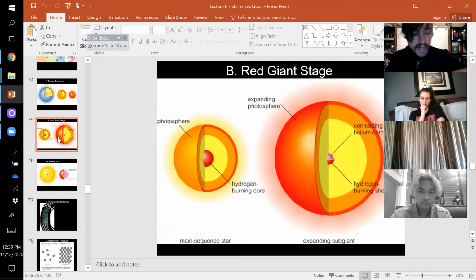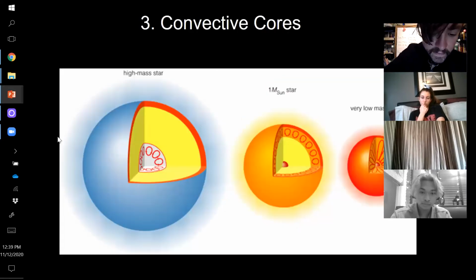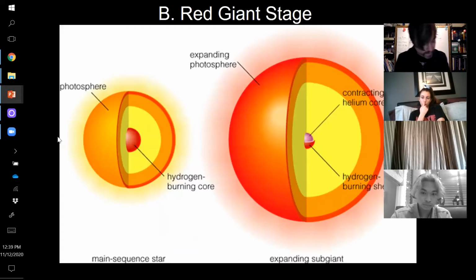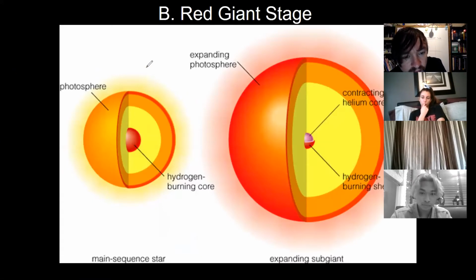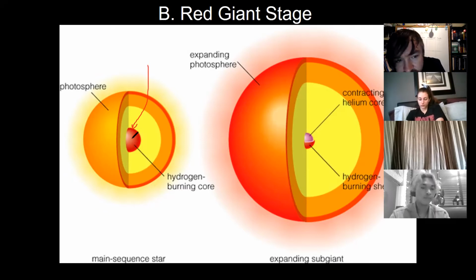Okay, it's time for us to compare the sun as it was when it first formed to what the sun will look like 10 billion years from now, or even today. When the sun first formed as a ZAMS main sequence star, the fusion was probably distributed all throughout the 20% radius core.